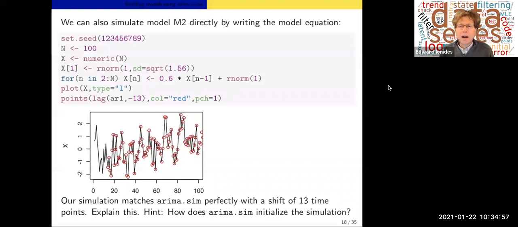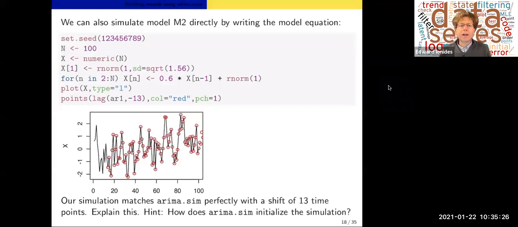Rnorm in R is parameterized by the standard deviation rather than the variance, so we need to take the square root of 1.56. And then here I've just done a for loop which explicitly codes up the recursive definition of the AR1 process. And then we can plot what we get.